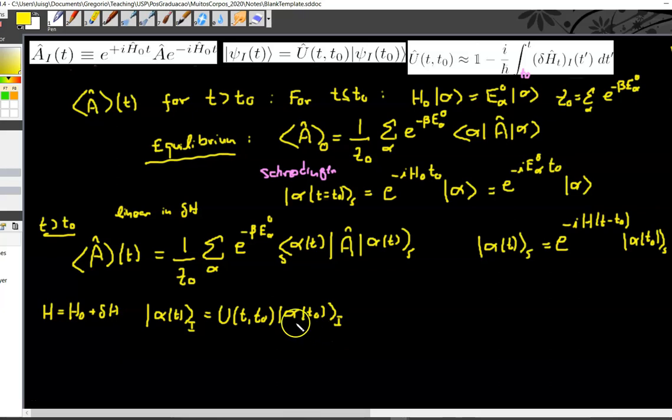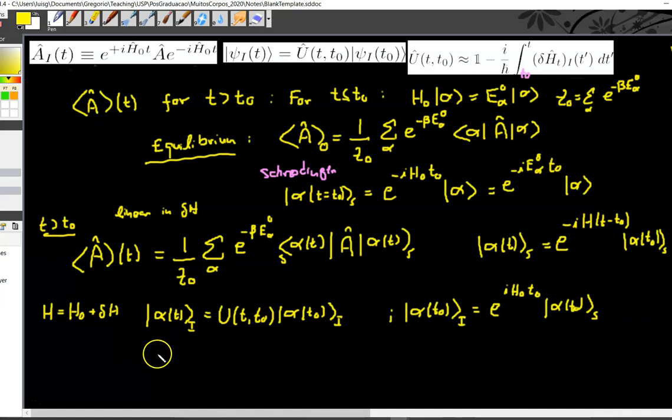And I know how to relate this with this. I know that alpha at t naught in the interaction picture is e^{iH_0 t_0} times alpha at t naught in the Schrödinger picture. All right, and of course the operators also evolve with time.